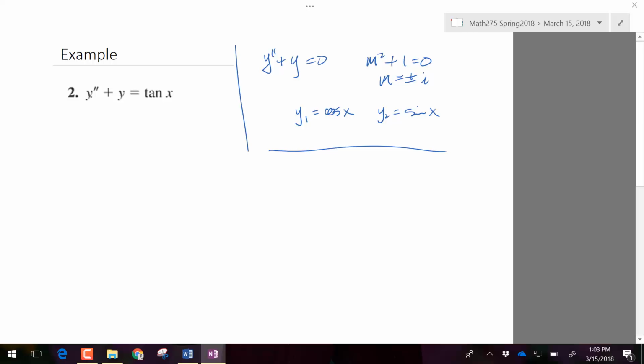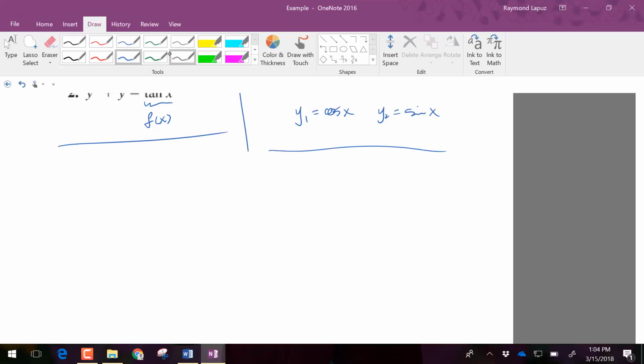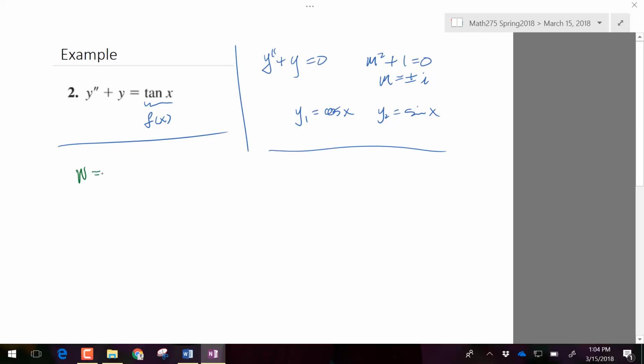But let's worry about that later. So now we have this in the form where y double prime has a coefficient of 1, and so we have our f of x is equal to tan x. Now, what else do we have? We need to figure out a couple of things. We need to figure out our W, our original Wronskian, and that's based on our fundamental solution set.